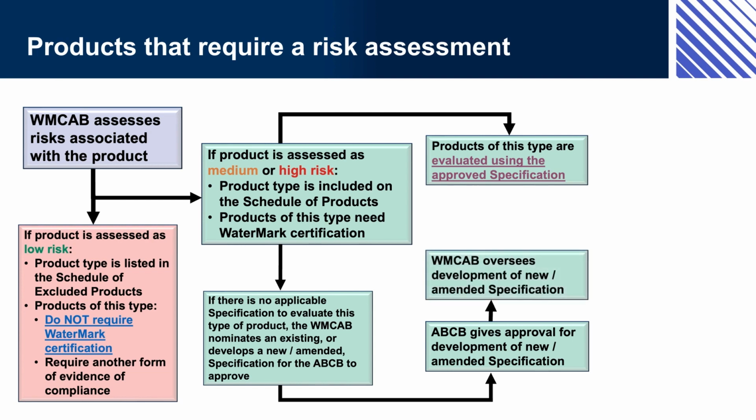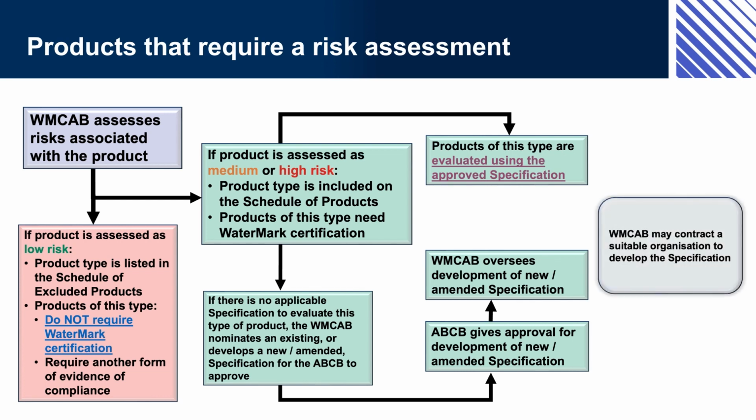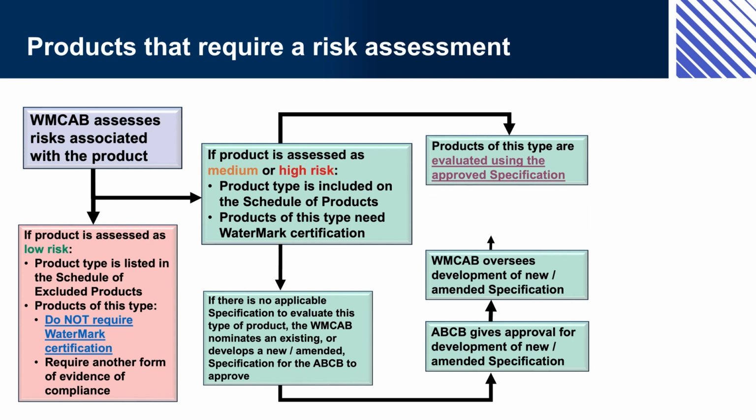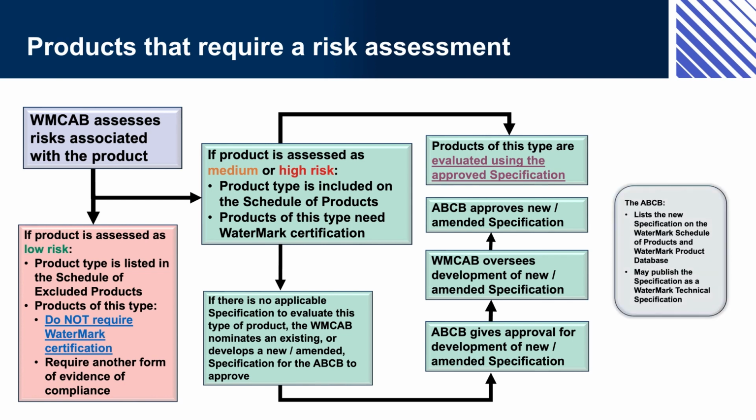WMCAB oversees development of the new, amended specification. WMCAB may contract a suitable organisation to develop the specification. ABCB approves the new, amended specification. The ABCB lists the new specification on the WaterMark Schedule of Products and WaterMark product database, and may publish the specification as a WaterMark technical specification.